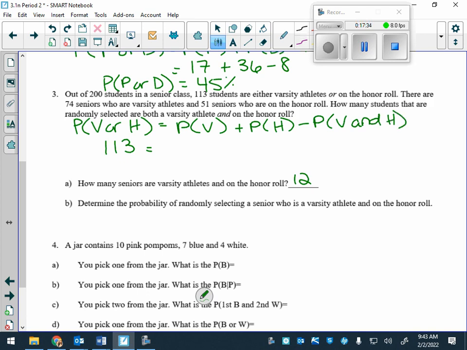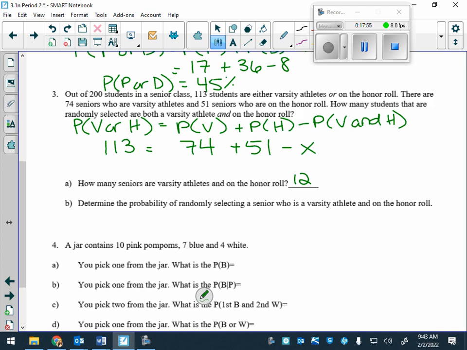So there are 74 seniors who are varsity athletes, 51 who are on the honor roll, and we don't know both. Okay, so this is how it's set up in order to find 12.